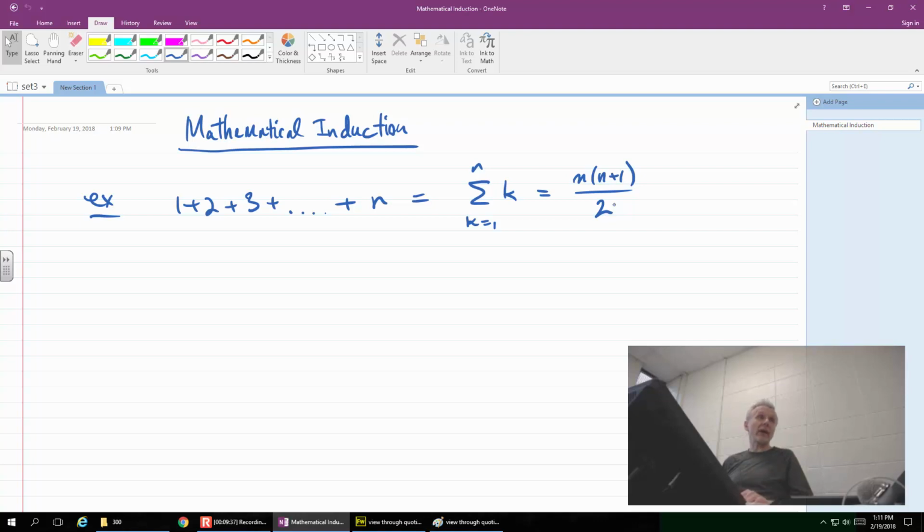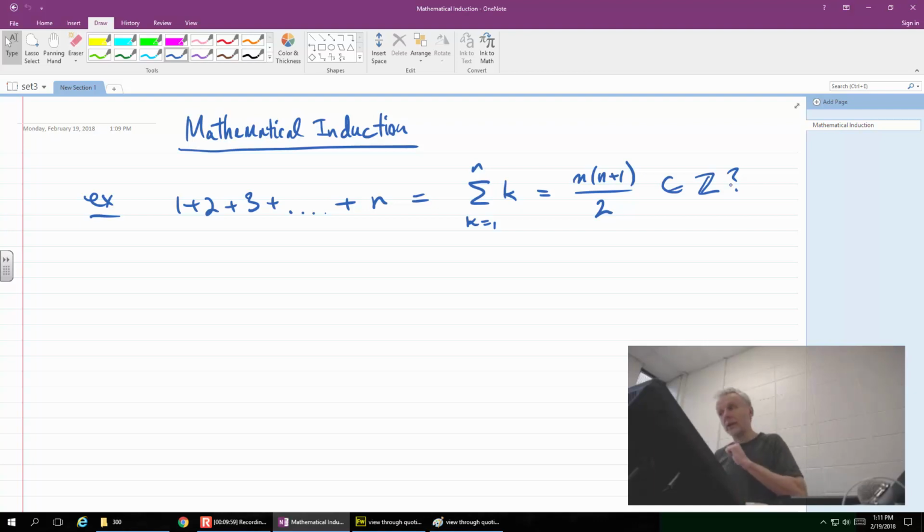Why is it an integer? Because either n or n+1 is even, so the product is divisible by two. Right, that's the logic.